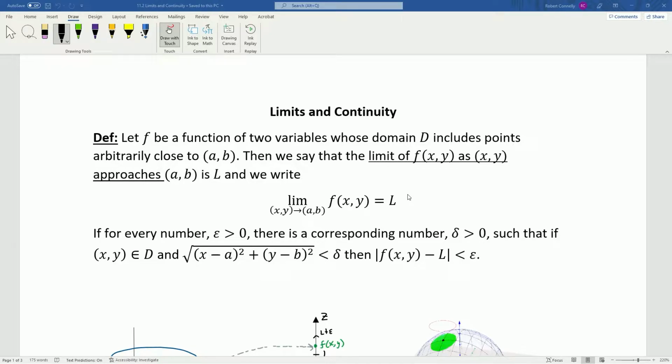Then we say that the limit of f(x, y) as (x, y) approaches (a, b) is L, and we write the limit as the point (x, y) approaches (a, b) of f(x, y) equals L, if, for every number epsilon greater than 0, there is a corresponding number delta greater than 0, such that if (x, y) is in the domain and its distance from the point (a, b) is less than delta, then the distance of the output from L is less than epsilon.